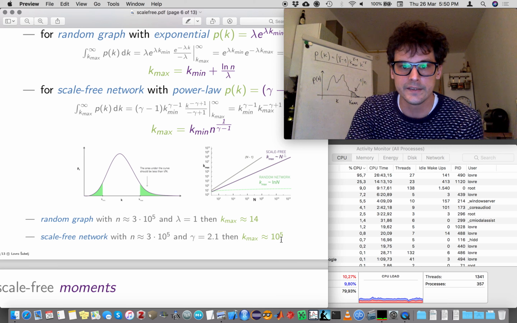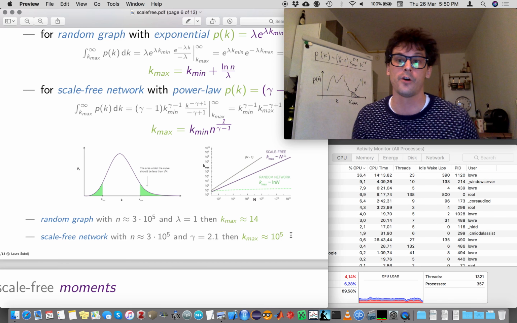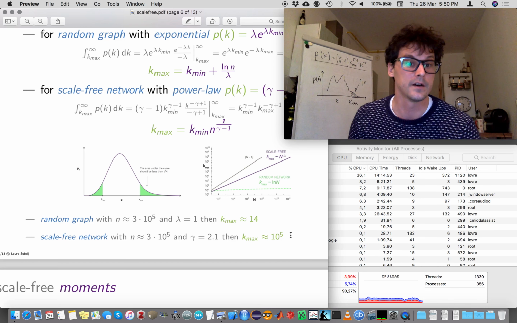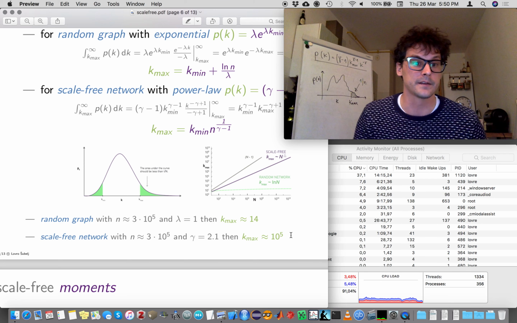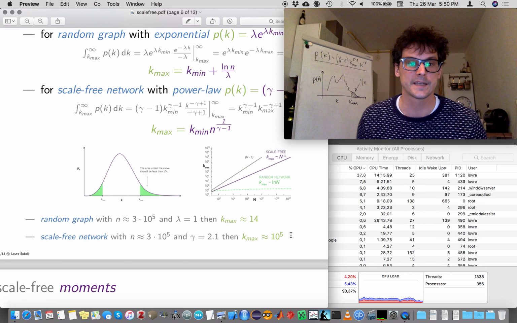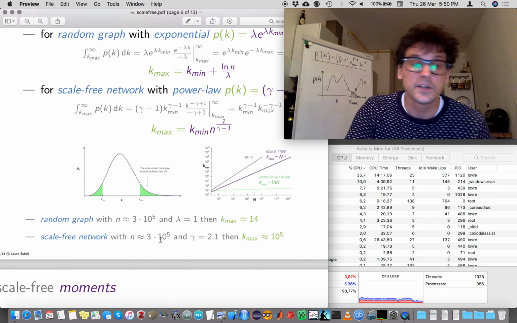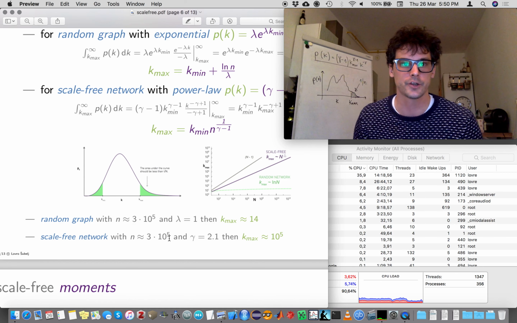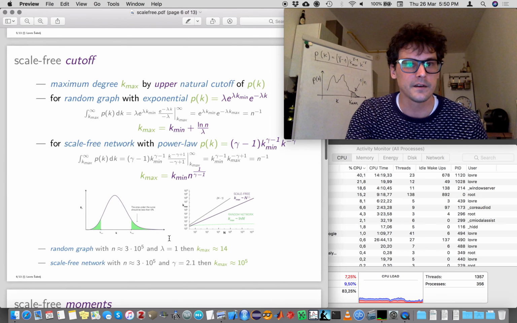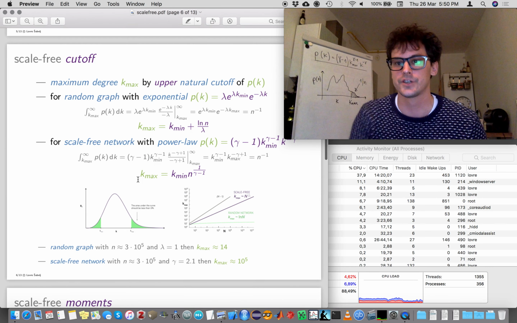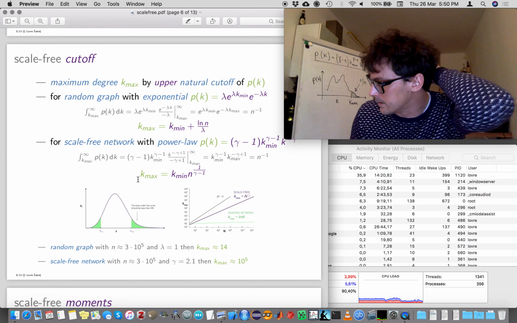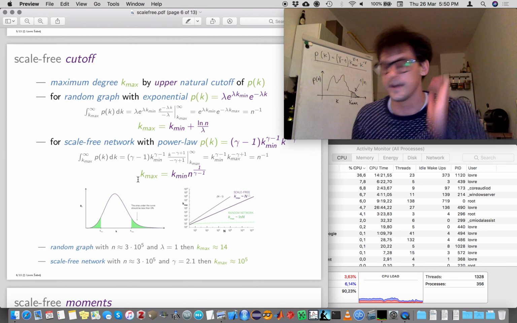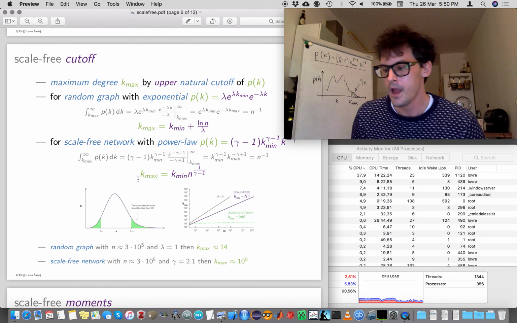So you can see that there is 4 orders of magnitude difference between the largest hub in a random graph and a scale-free network, although the network is still not that large. So indeed, the size of the largest hub in real networks is a very large number.